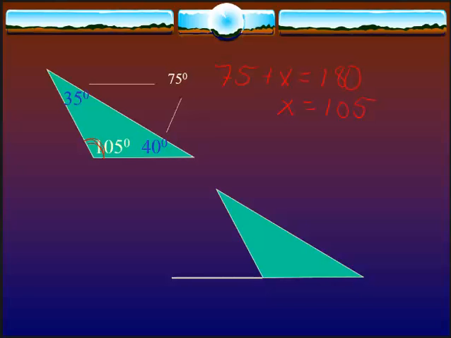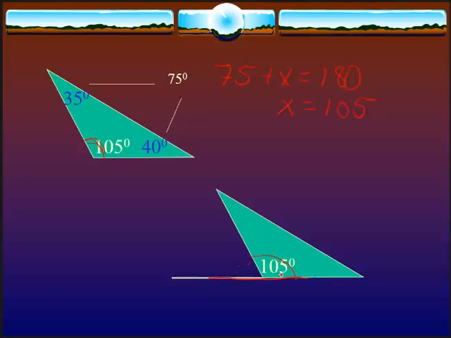Okay, now let's go down to this other triangle down here. Same triangle, so I know that this is 105 degrees right here. What would be this exterior angle right here? If it makes a straight line with that 105 degrees, how many degrees are in a straight line? Oh, that's right. It's also got 180 degrees.